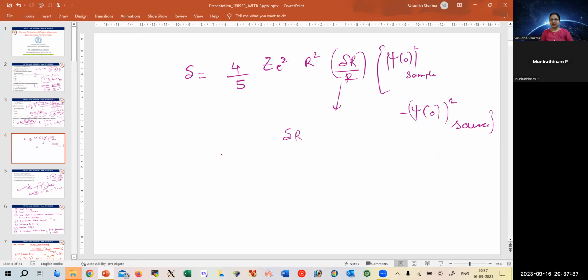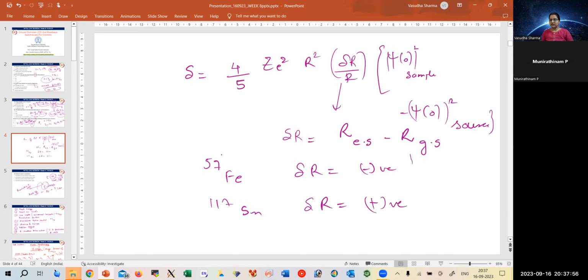This delta R is the difference of the radius of the excited state nucleus and the radius of the ground state nucleus. We said that in the case of iron 57, delta R is negative, and in the case of tin, delta R is positive. So if delta R is negative, which one is more? Excited state radius or ground state radius?